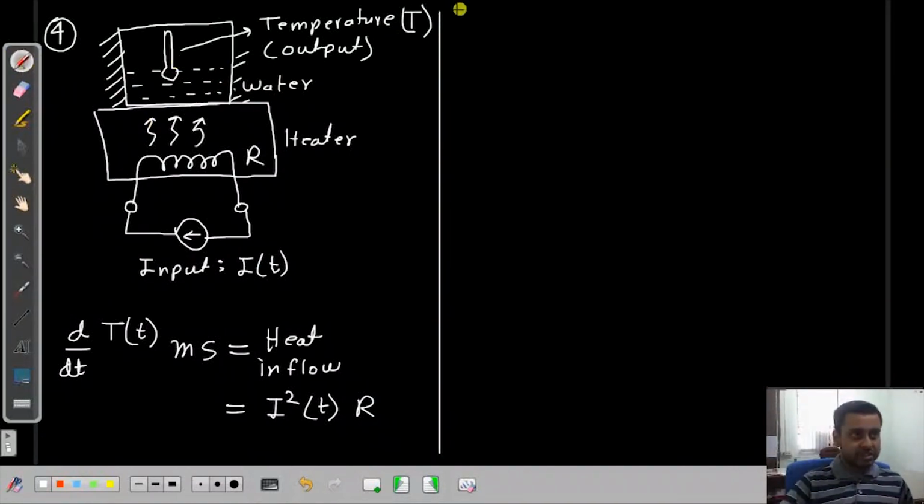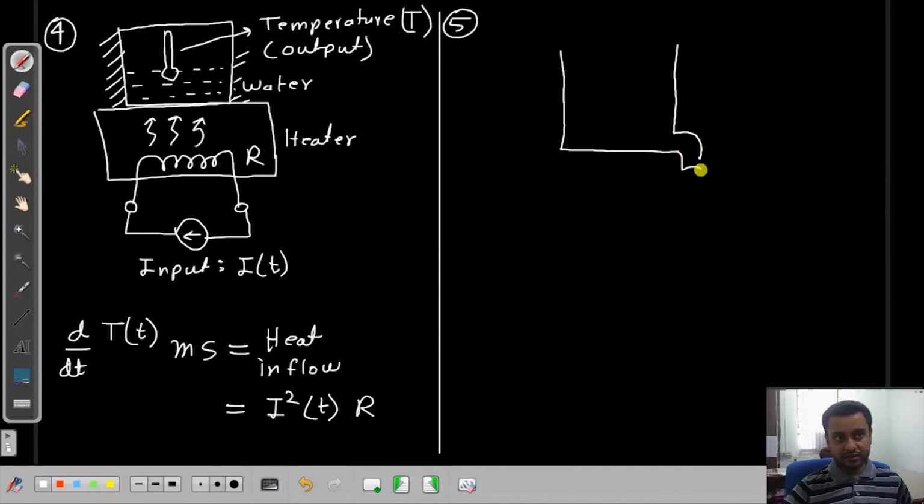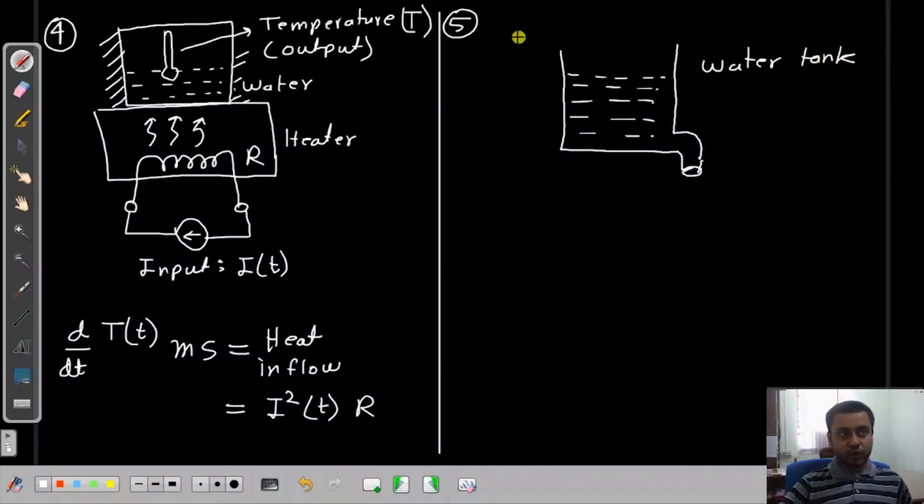Now let us consider another simple system, this time a hydraulic system. We shall consider a water tank which has an outlet. So this is a water tank, and it also has an inlet.